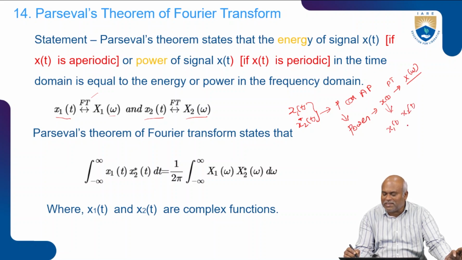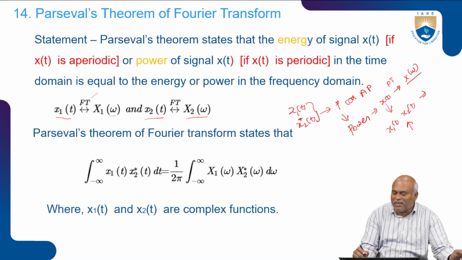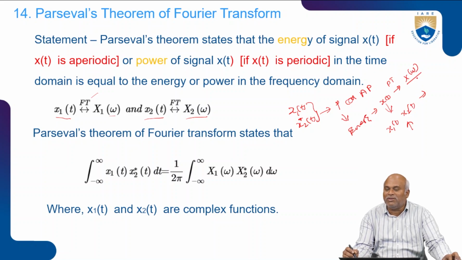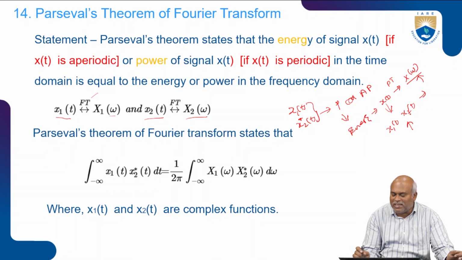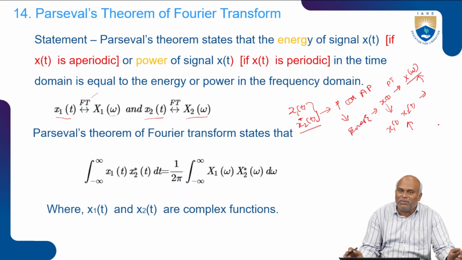If both are periodic, the output is power in the frequency domain. If we take an aperiodic signal as input x of t, it is represented as energy, so the output is energy in the frequency domain. Due to this condition, I take x1 of t and x2 of t as complex values.